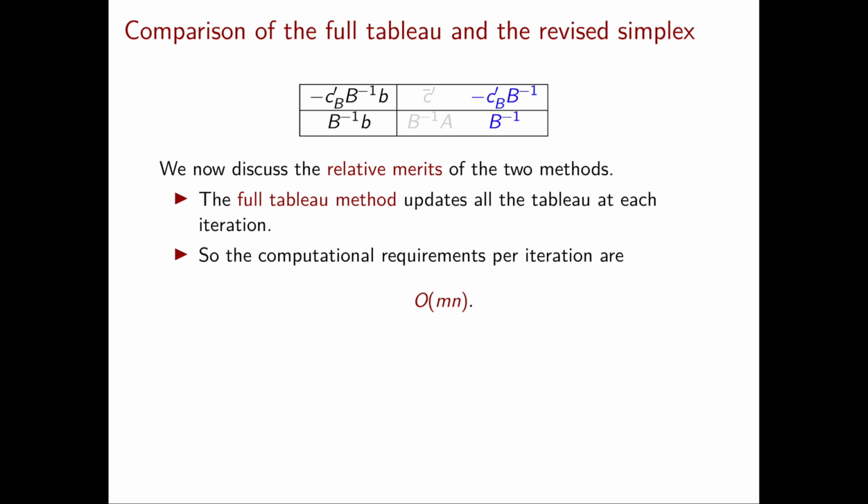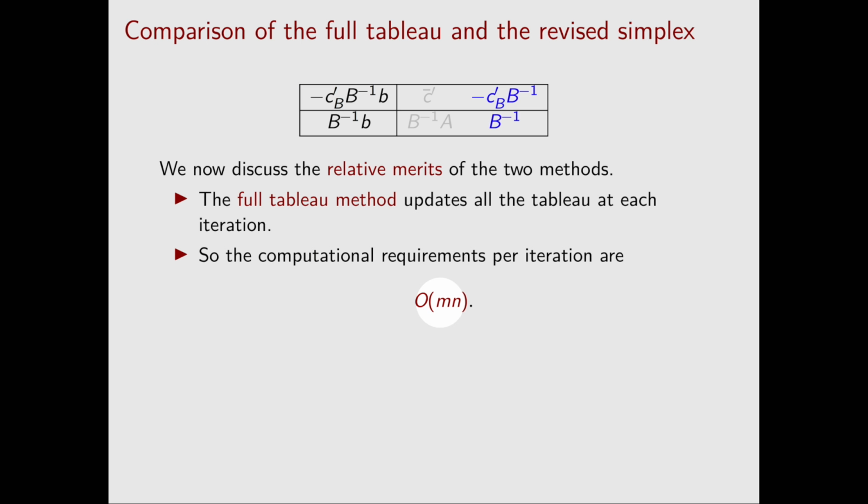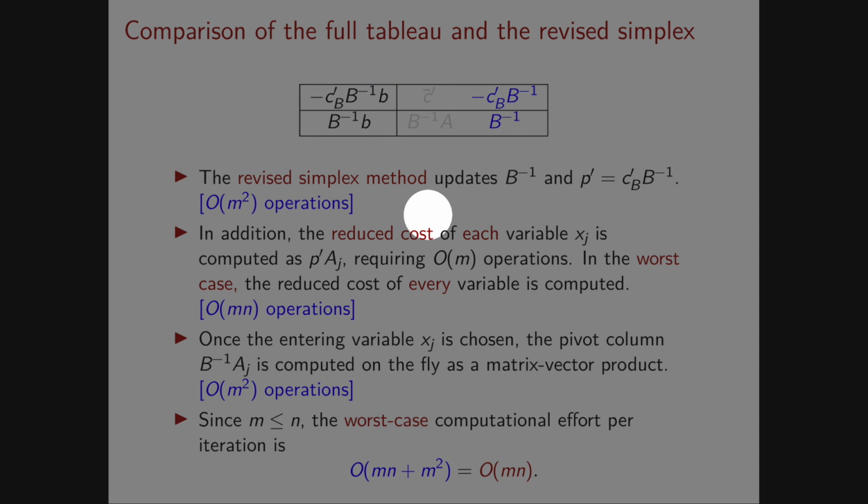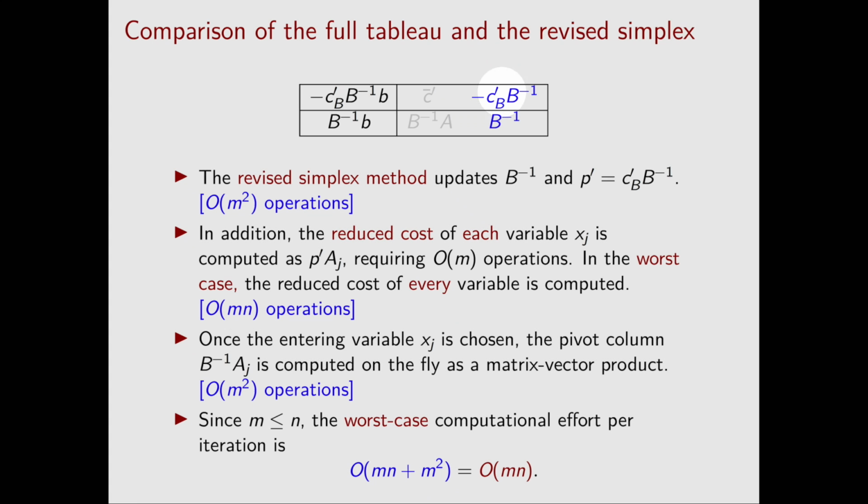Updating each entry takes a constant number of operations. So the computational requirement per iteration is big O of mn. On the other hand, the revised simplex method updates B inverse and the vector of the simplex multipliers.